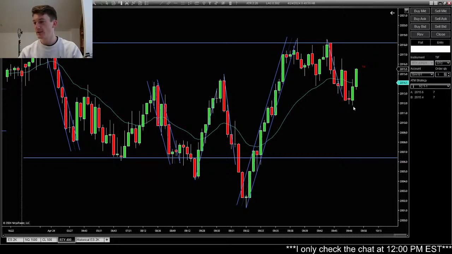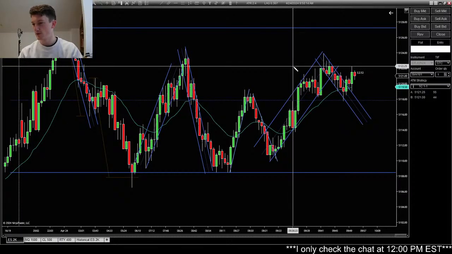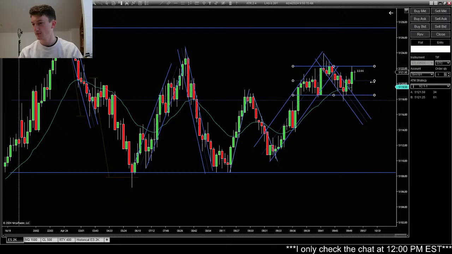You've already made 2 legs down. Really, it's just saying this might be a range. It's not a great reason to look for a short. This is looking super range-like.